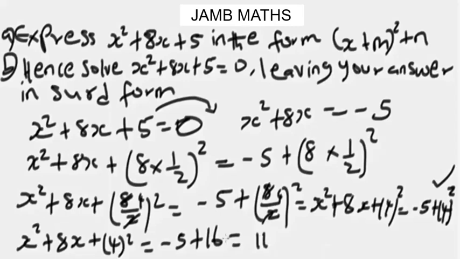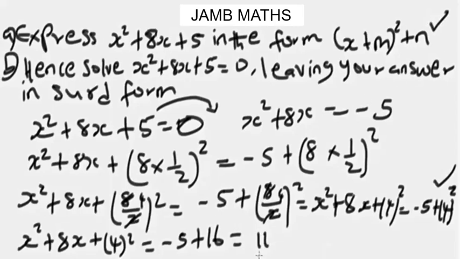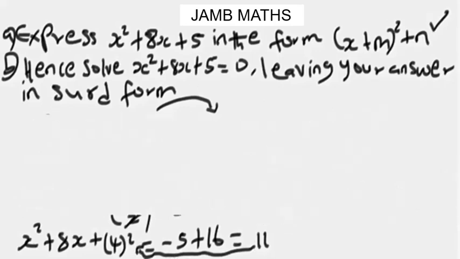Now we present it expressed in this form. This 11 will cross over the equality sign and come to this place. Let me wipe the middle and complete the solution. To express this in this form, we're going to have (x plus 4) squared equals 11.